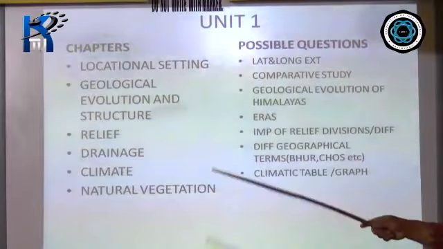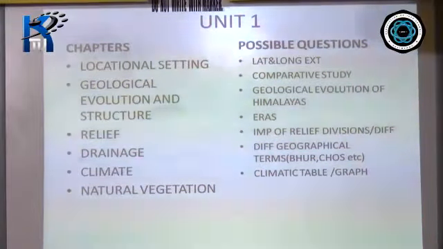And then from the climatic chapter, please be careful. You may either get a climatic table or a climatic graph. If you see your previous question papers, either they will ask you the climatic table or a climatic graph.